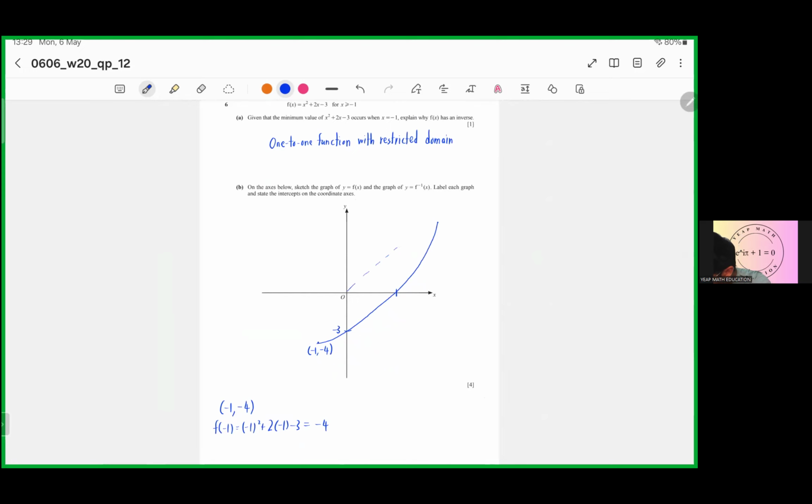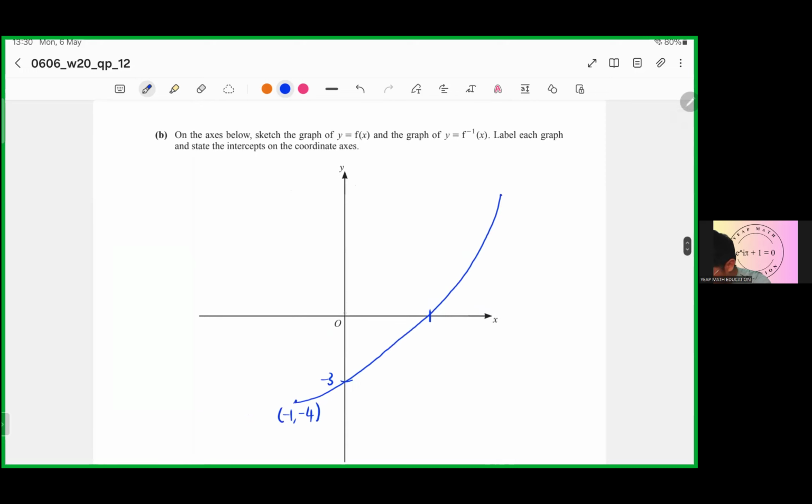And then we can write for this. Now here we can label negative 3.